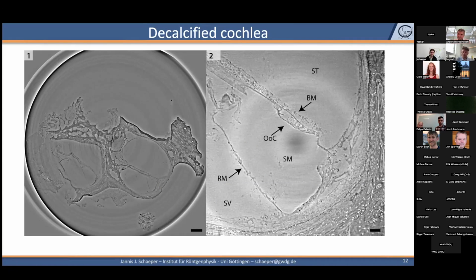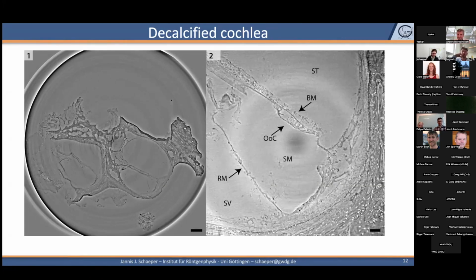There we aimed at counting the hair cells and the spiral ganglion neurons, and if you want a high resolution, it works better on small samples. So we had a look there at mice cochlea, and could also segment and count the spiral ganglions, which are more like small droplets in the cochlea.